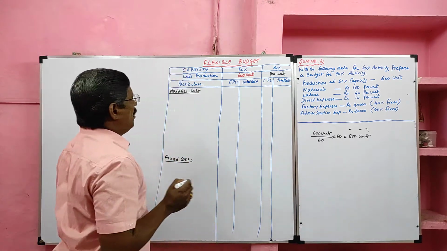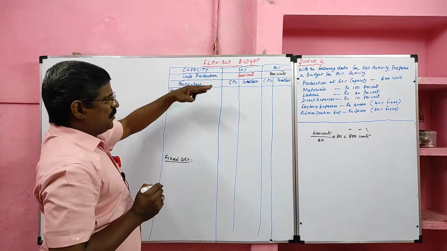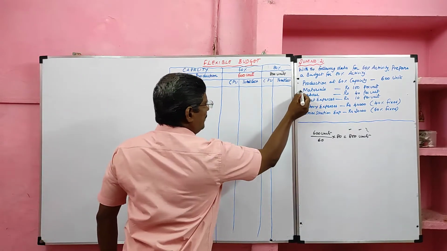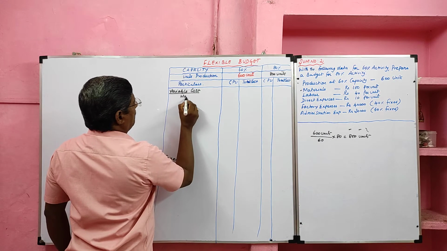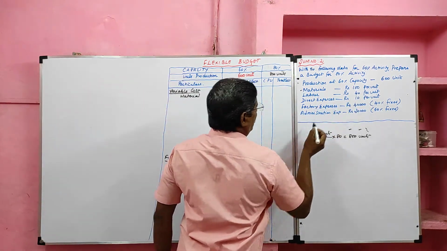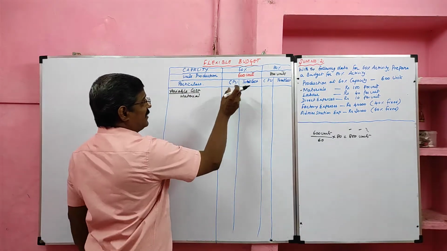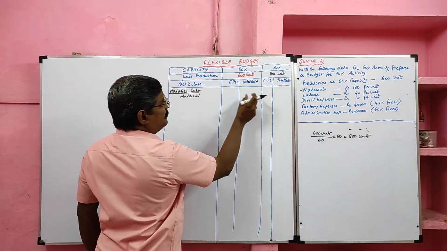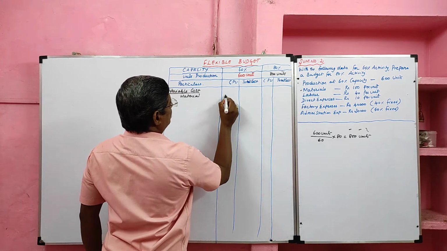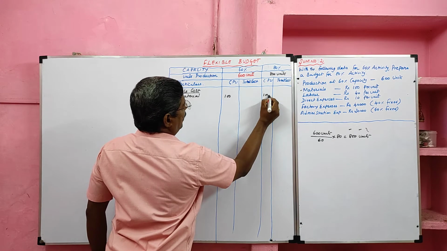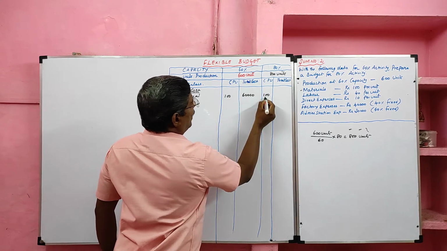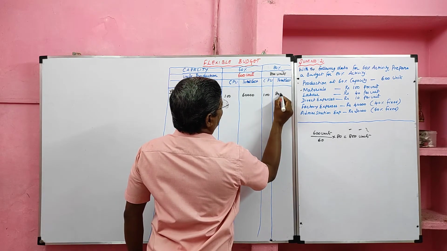Now we are going to classify the cost into two categories, namely variable cost and fixed cost. First one, material, given per unit. As far as variable cost is concerned, cost per unit remains constant, while total cost varies. So 100 into 600 is 60,000, and 100 into 800 is 80,000.